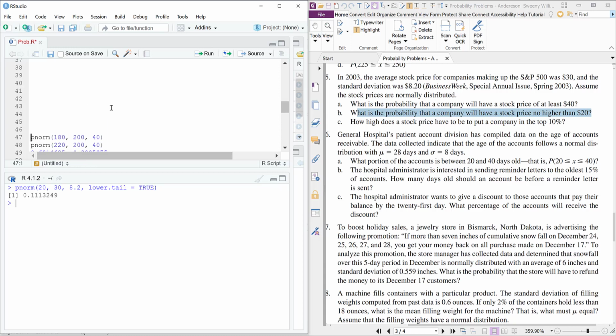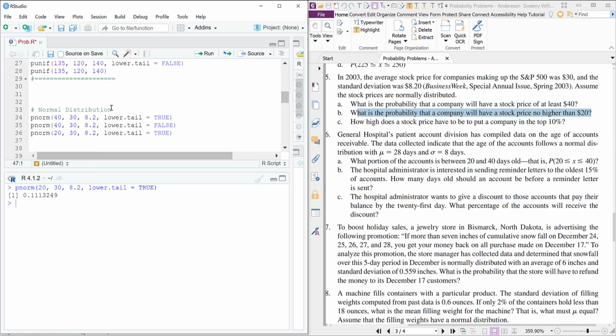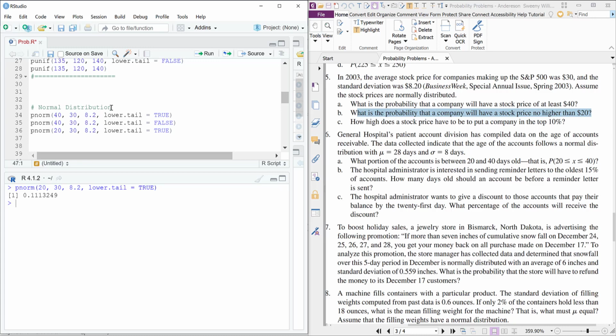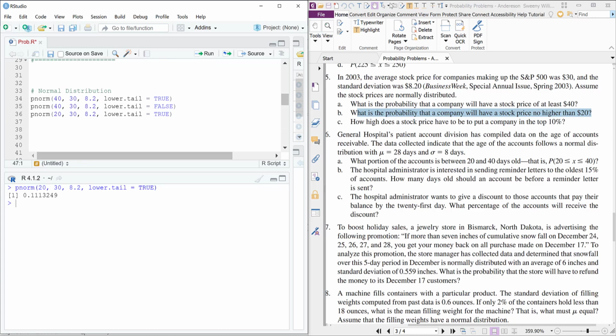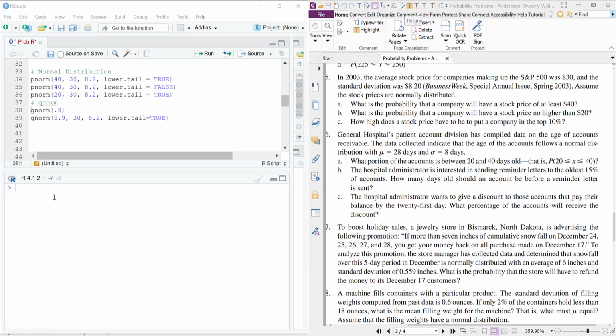The next thing in normal distribution, where we can specify a probability to get the z value, is called the qnorm function. The next part of standard normal distribution is qnorm in RStudio, and qnorm syntax is used when we use probability as input.